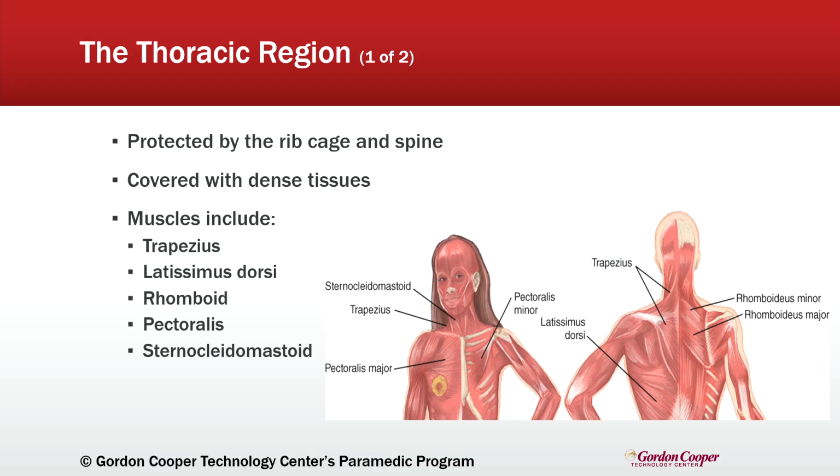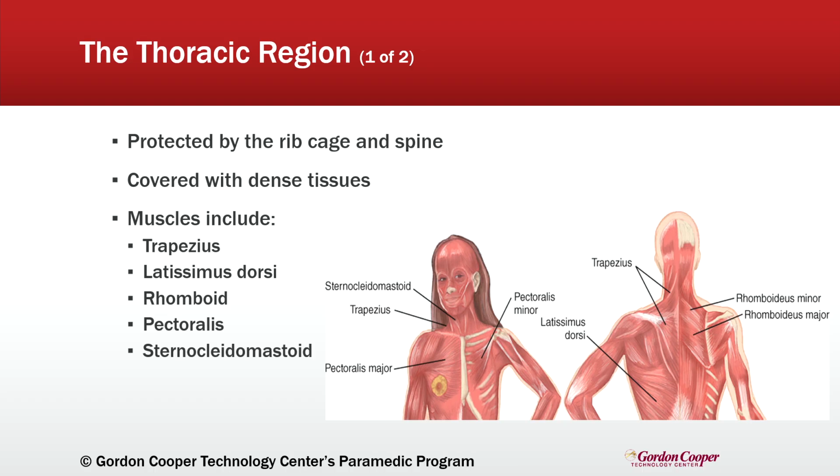Now, some characteristics of the thoracic region. The thoracic region is well protected by the skeletal structure we've been talking about, the rib cage and the spine. All those things safeguard the vital organs within. It's also covered by dense muscle tissue that provides additional support and movement. As you see on the slide, a lot of muscles are listed.